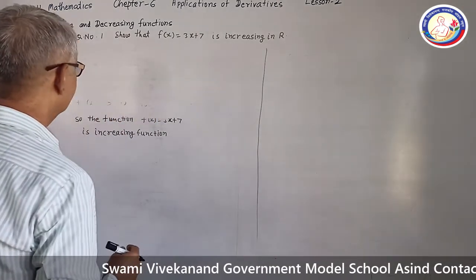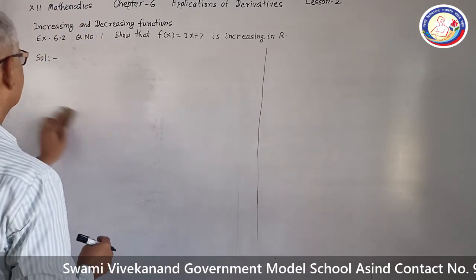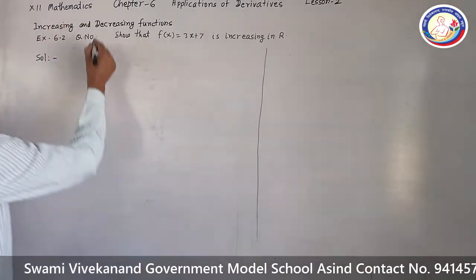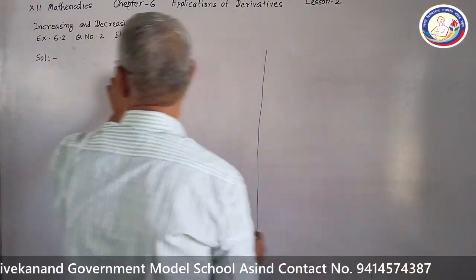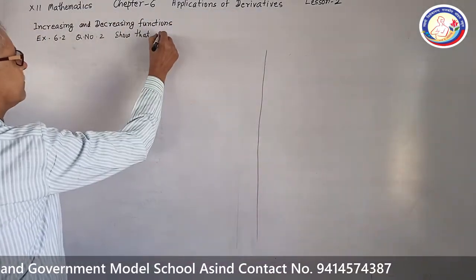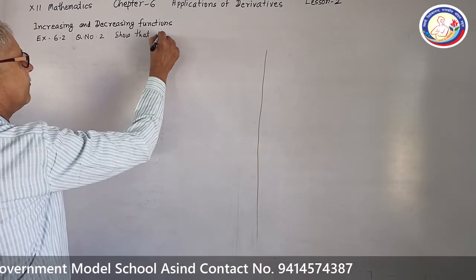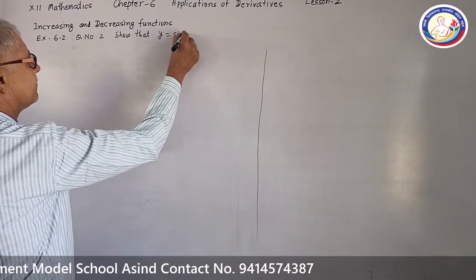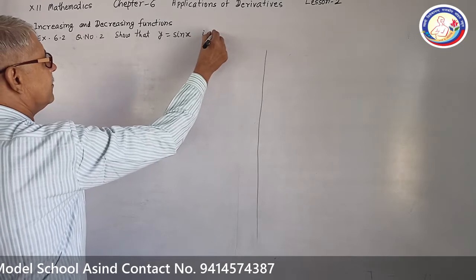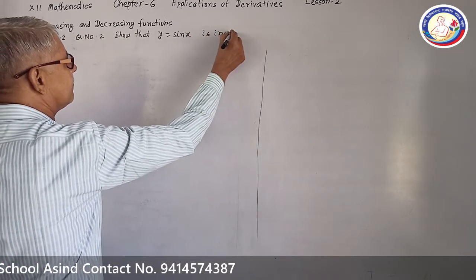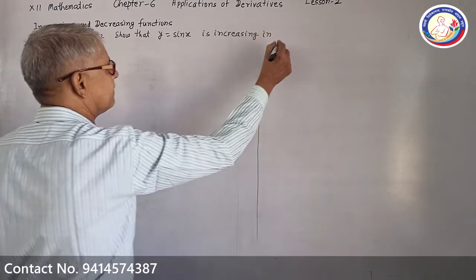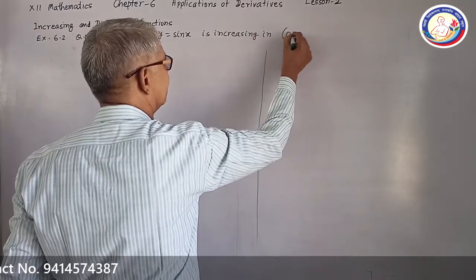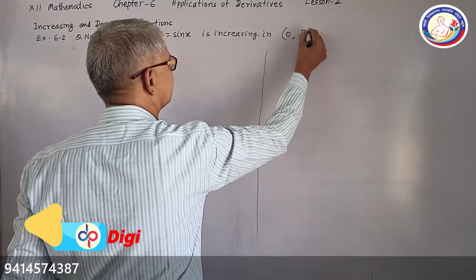Now I am taking second question for solution. Show that function y equal to sin x is increasing in interval 0 to pi by 2.